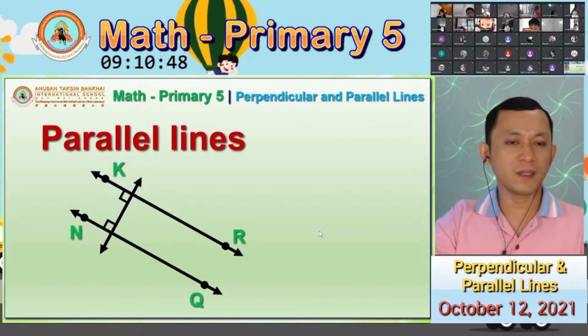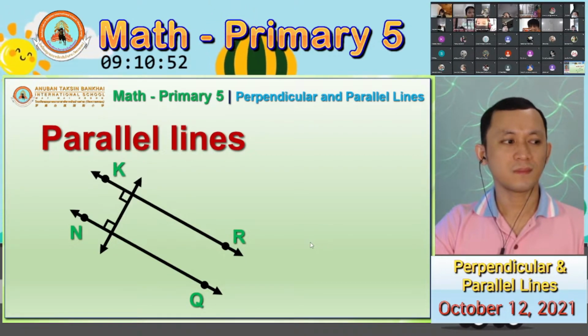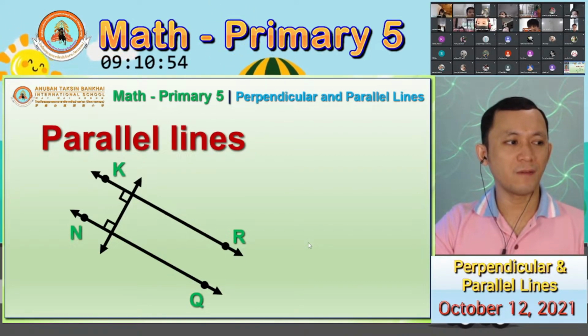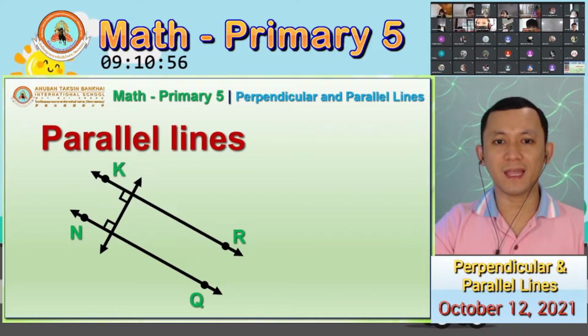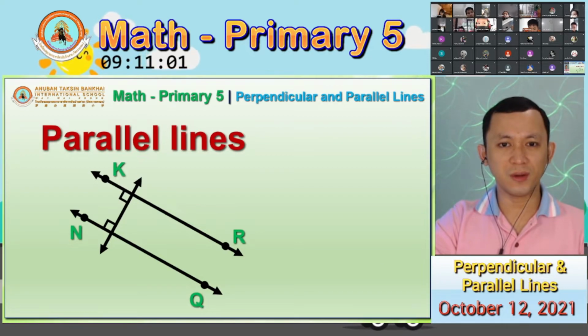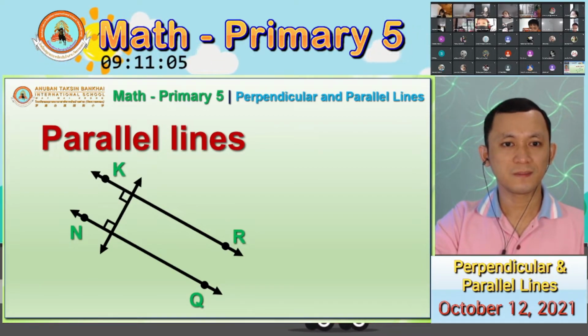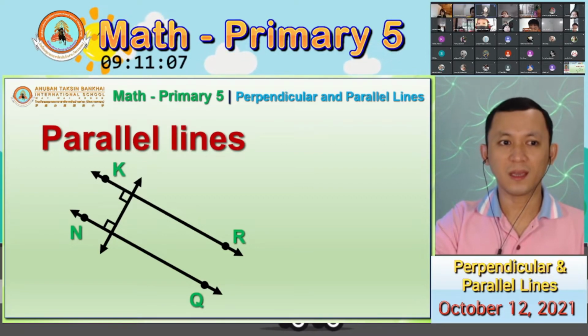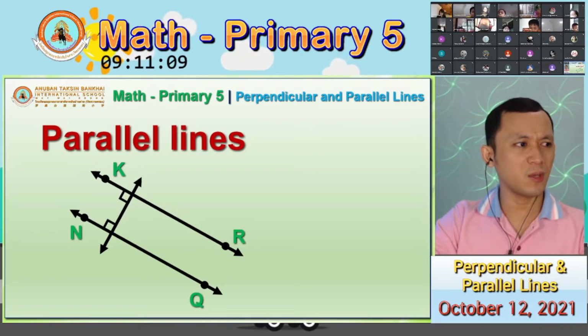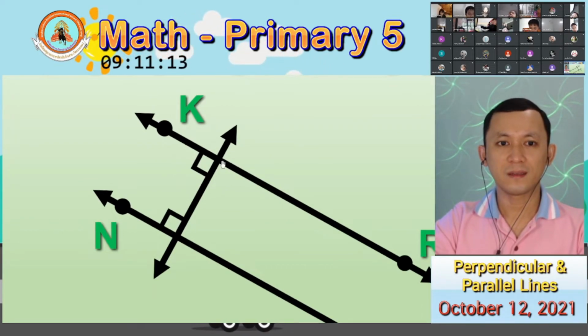Now let's have another example. We have line KR and line NQ. Parallel, yes or no? Yes, it is parallel. Why, teacher? Look, there are two squares.